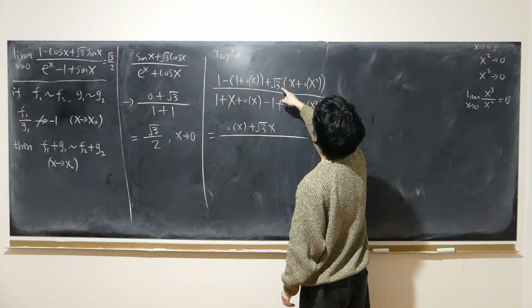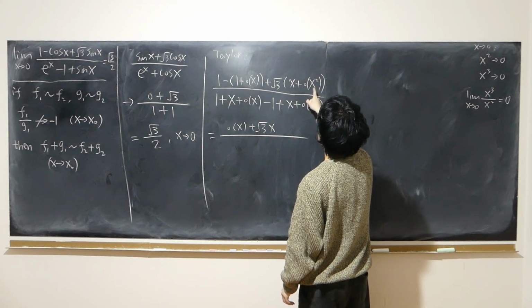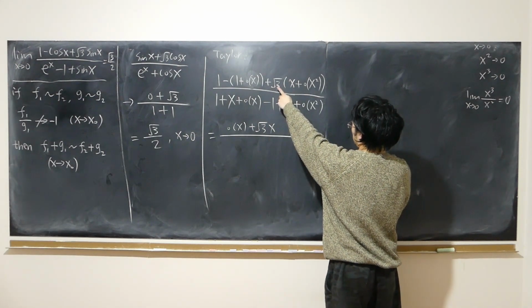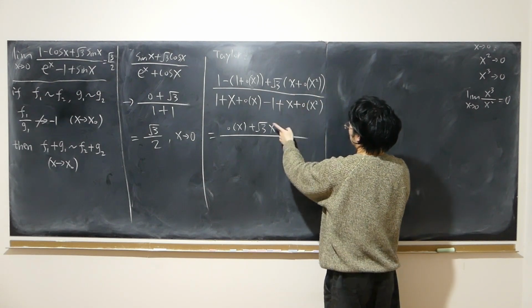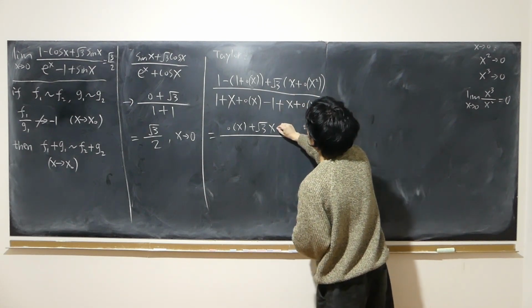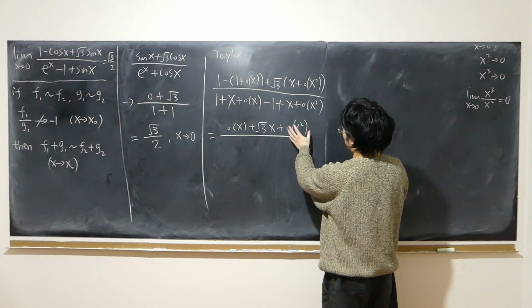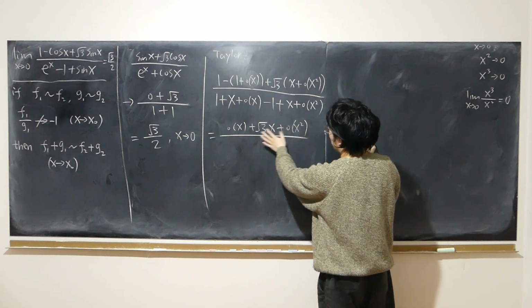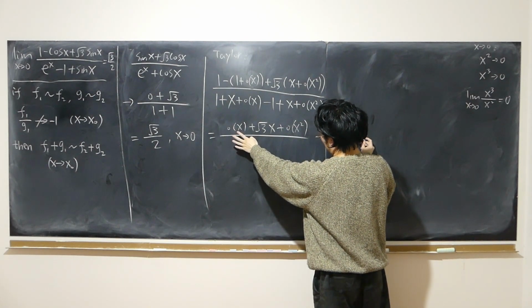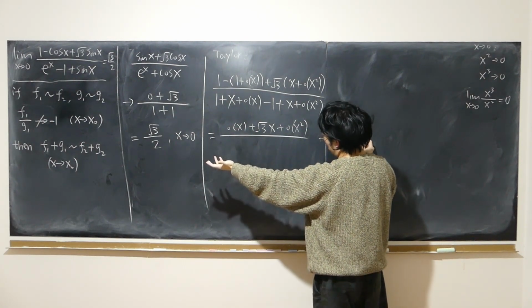I can just put the square root of 3 inside; it's just a constant, so it still equals little o of x squared. But little o of x squared can be combined into this little o of x. It's easily verifiable.